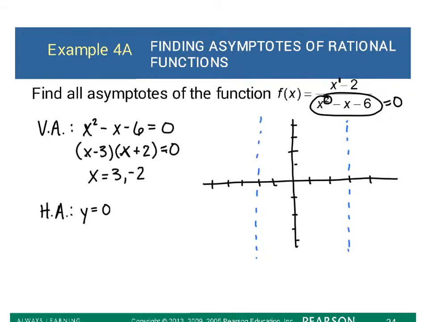Okay, and then our horizontal asymptote is at y equals 0, which is the x-axis. You don't necessarily have to draw a dotted line, but I'm going to highlight it a little bit on my graph here.